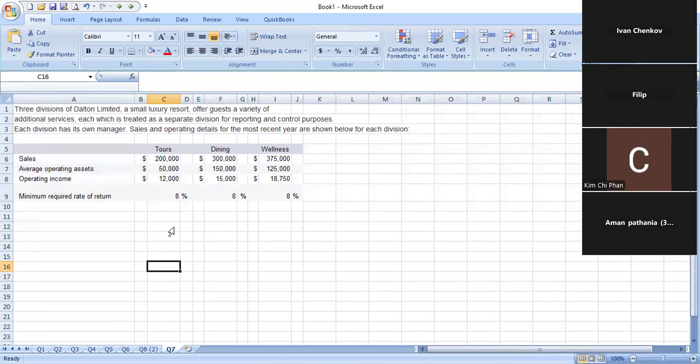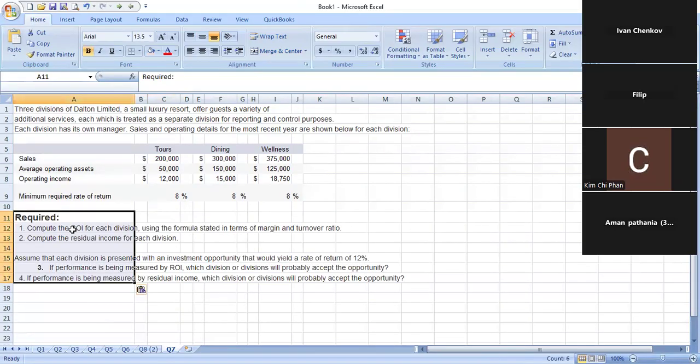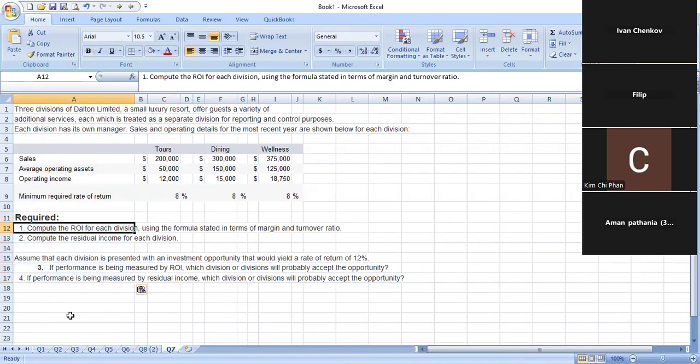The requirements here are first to compute return on investment of each division using the formula stated in terms of the margin and turnover ratio. Compute the residual income for each division.